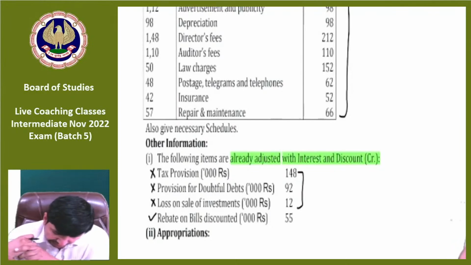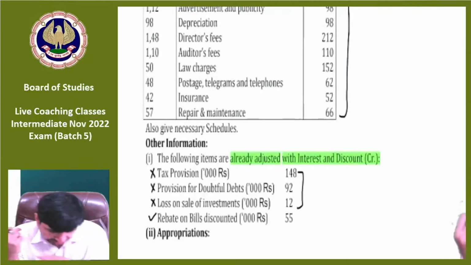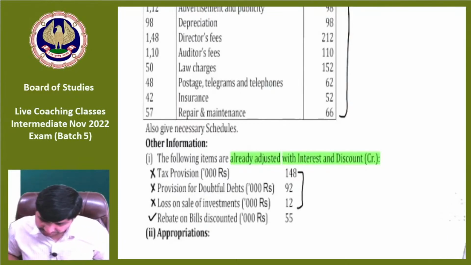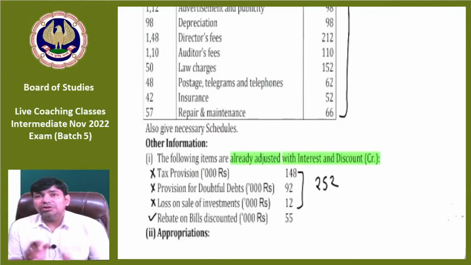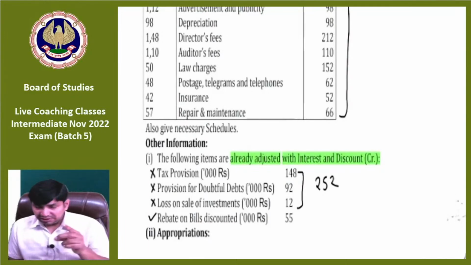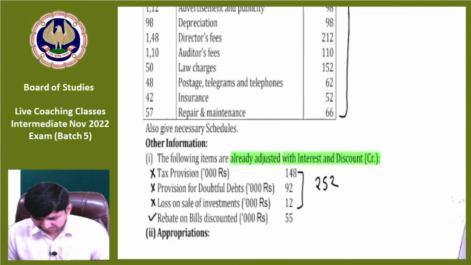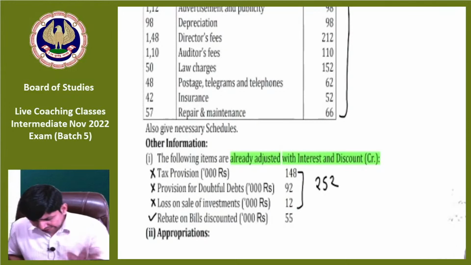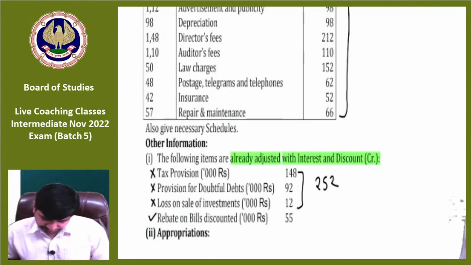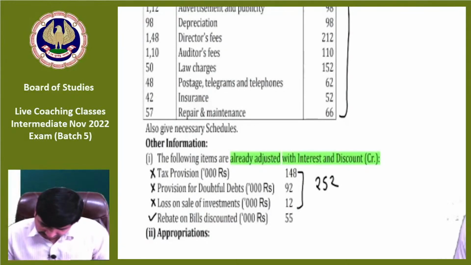Okay, beta. Now, what shall we do here? First, we have to total these things. 252. 252 is the total amount which has been wrongly adjusted with interest and discount amount. It means this should be added back first so that we can find out the correct figure of interest and discount. In which amount?